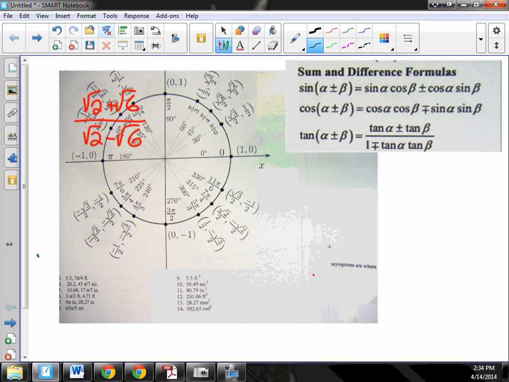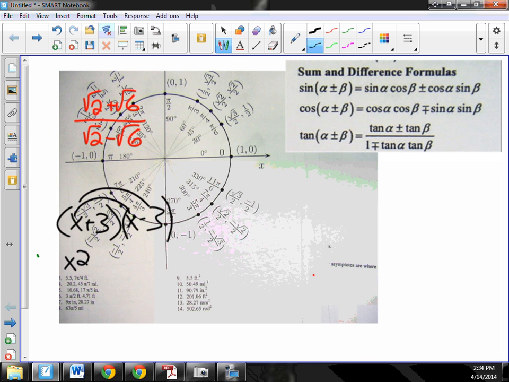Remember back when we did quadratics and we had x plus 3? What is the conjugate to x plus 3? X minus 3. And what's the nice thing about conjugates? The middle term cancels. So I get x squared, and I get minus 3x and plus 3x and minus 9. So if you have conjugates, then the middle terms are going to cancel, and in fact, you can just ignore them altogether and not calculate them.